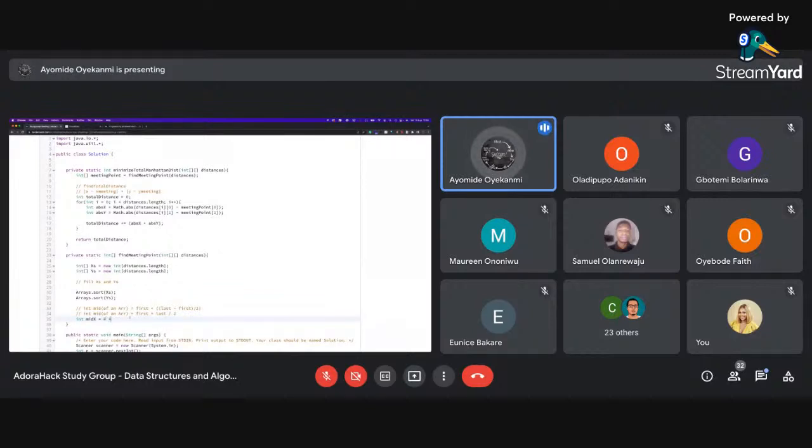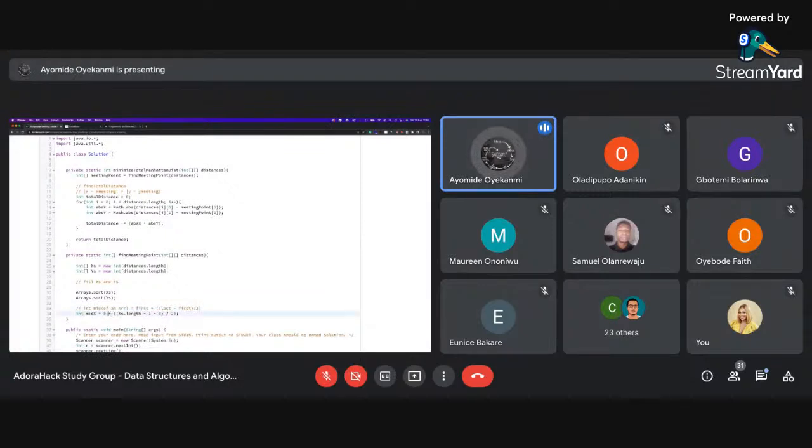So first is 0 plus last index. So x's length minus 1, minus 0. So there are 2 brackets here, there's 1 bracket here, there's a division. Okay, I don't know if this makes sense, but I'm removing this one so it doesn't confuse anyone.